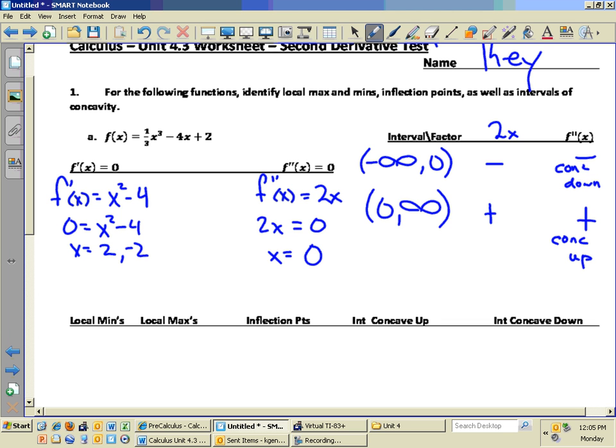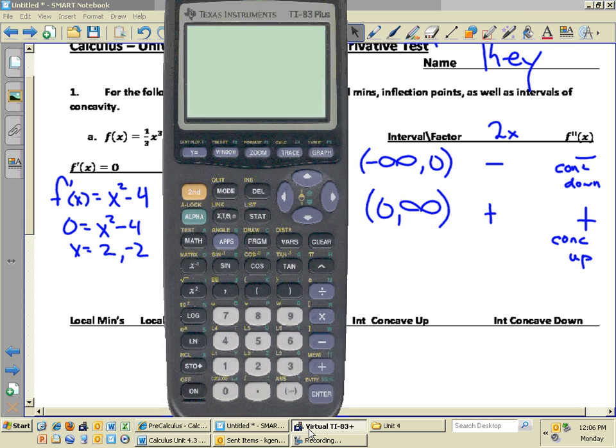That's what we know is true. Now, if it's concave down, is that going to be a max or a min? A max. So the maximum probably occurs in this interval where it's concave down, and the minimum probably occurs where it's concave up. Let's take out our graphing calculators and see visually what's happening here.